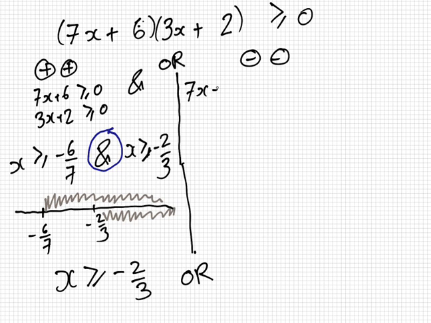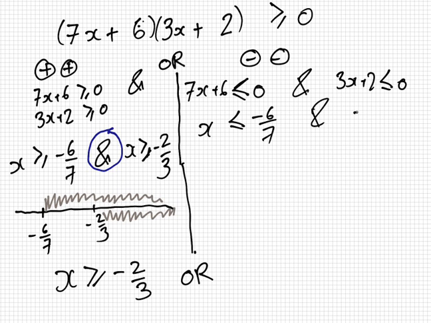Now I'll do the second possibility. We need 7x plus 6 to be smaller than 0 and 3x plus 2 to be smaller than 0. So that means x must be smaller than minus 6 over 7 and x must be smaller than minus 2 over 3. On my number line again, there is minus 6 over 7 and there is minus 2 over 3.